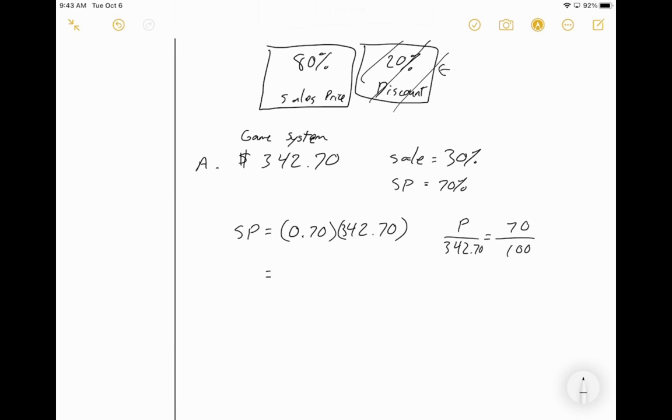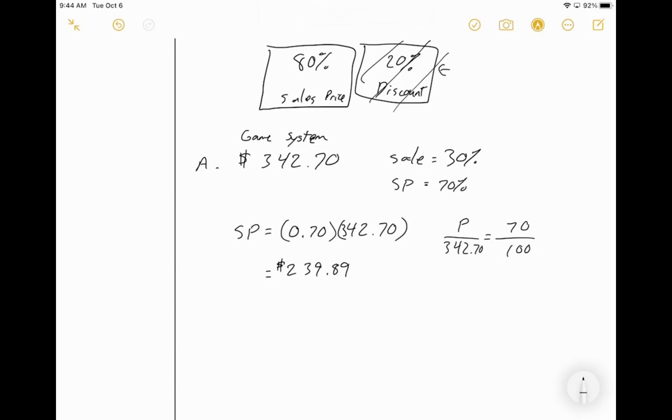So 0.7 times 342.7, is that what you guys got? All right, now I know I'm going over this kind of fast, but this is actually our final answer. That's it. That's our final answer.